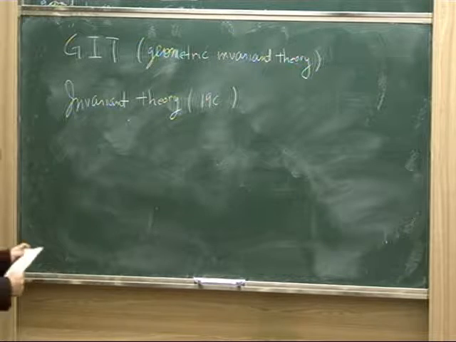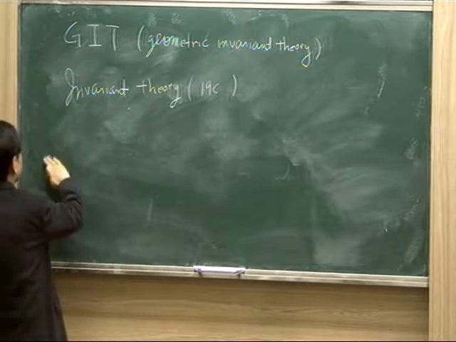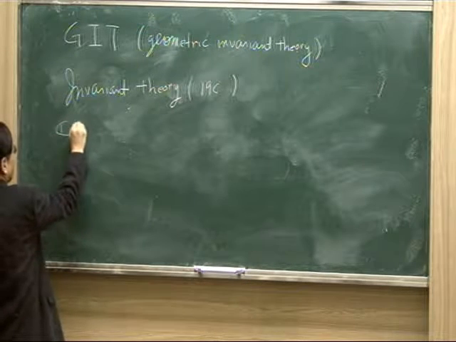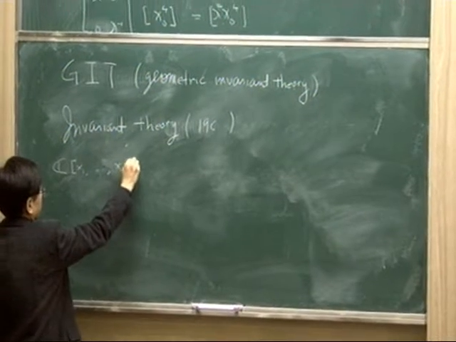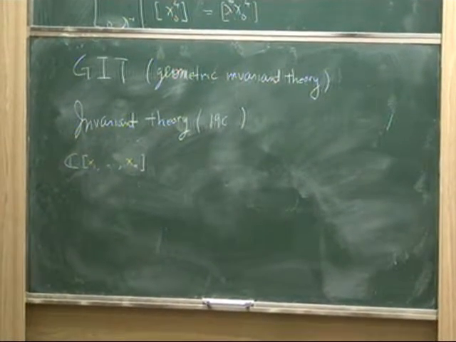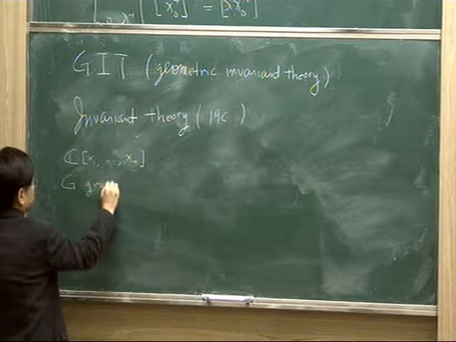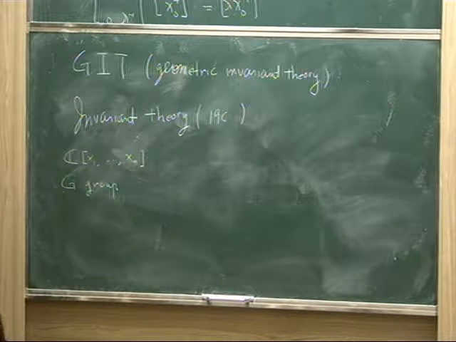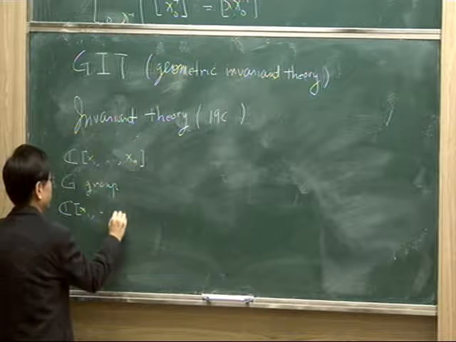One of the important problems in invariant theory is the following. Consider a polynomial ring, and consider some group, and then look at the invariant ring by this group.